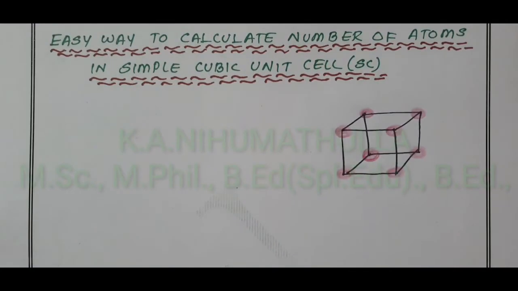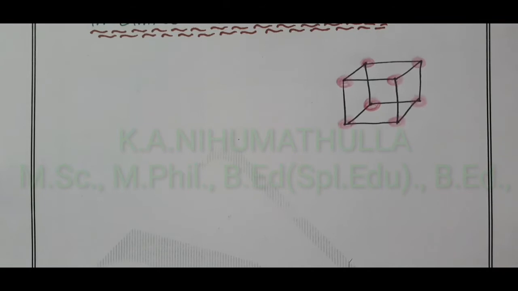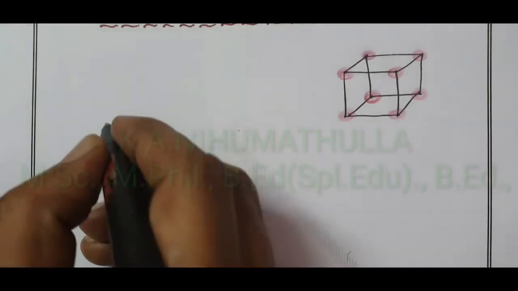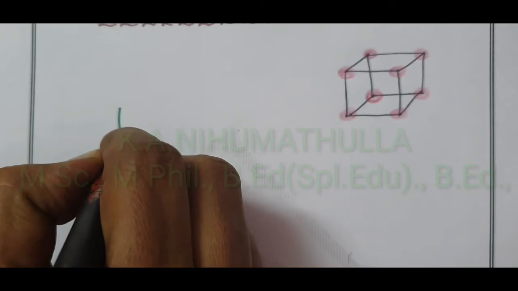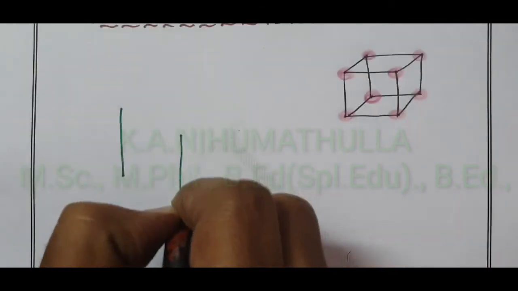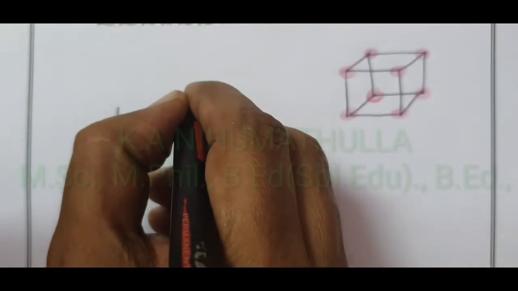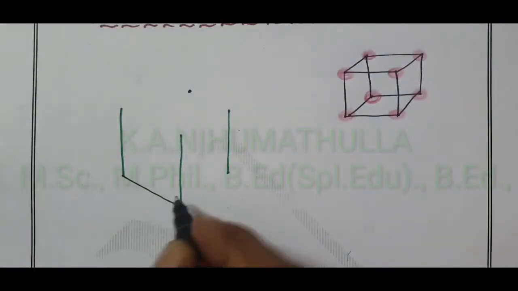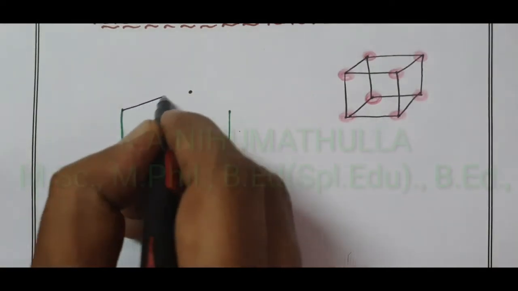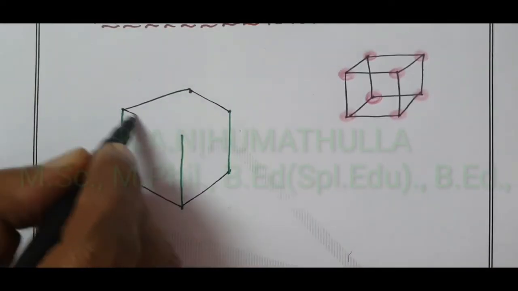How to draw this three-dimensional structure on paper? Again I draw the crystal structure in three dimensions and indicate how each atom touches the neighboring atom. One line, another line, a third line, joining all the corners. One point, one line, another line, third, fourth, fifth, sixth line.